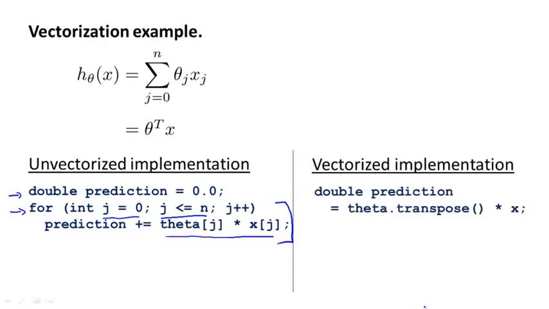Depending on the details of your numerical linear algebra library, you might be able to have a C++ object, which is vector theta, and a C++ object, which is vector x, and you just take theta transpose times x, where this times becomes a C++ overloaded operator, so you can just multiply these two vectors in C++. Depending on the details of your library, you might end up using a slightly different syntax, but by relying on the library to do this inner product, you can get a much simpler piece of code and a much more efficient one.